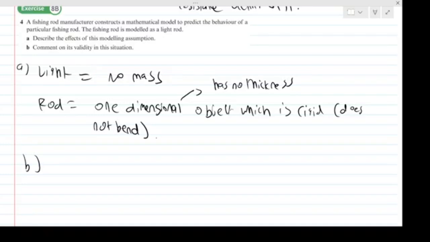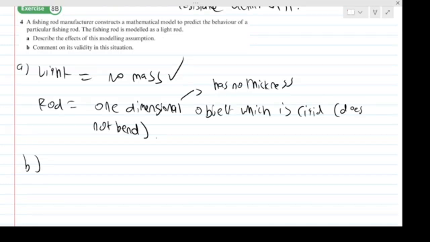And this is basically what modelling is. So we need to critique, determine how valid and sensible assumptions are. So firstly, light, no mass. Well, if you think about it, fishing rods are kind of light, really, especially when you might have a heavy fish on. So really, this one is quite plausible.